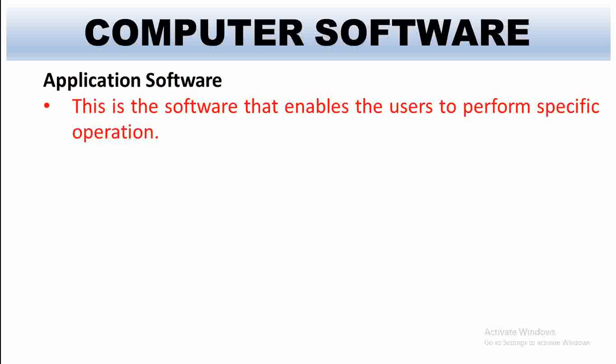This is the software that enables the user to perform specific operation. So the kind of application that you are going to install on your system depends on what you want to be using the system for. For example, in our phone, if we want to collect a file, a video, an image from another phone, the next thing you hear people asking you is, do you have Sender?